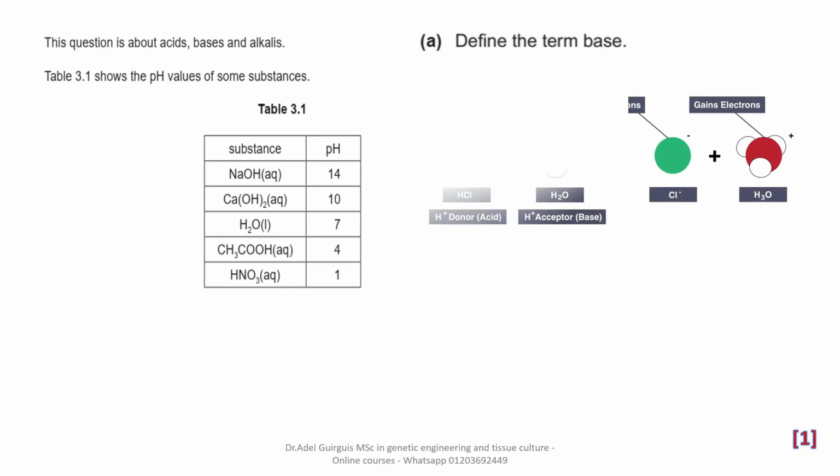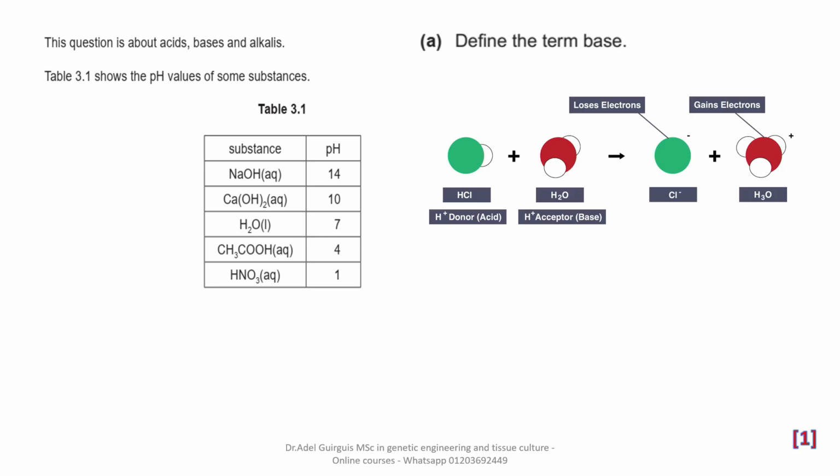Sodium hydroxide with pH 14, calcium hydroxide with pH 10, water with pH 7, ethanoic acid with pH 4, nitric acid with pH 1. Letter A. Defines the term base. In a previous video about acids, we said that acids are proton donors. They donate their protons into solution.